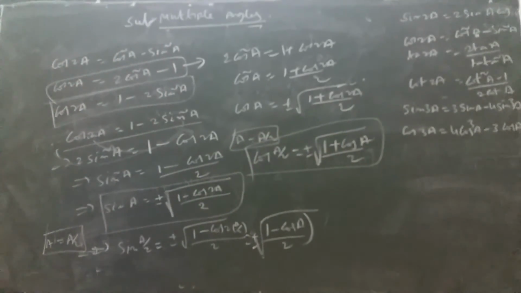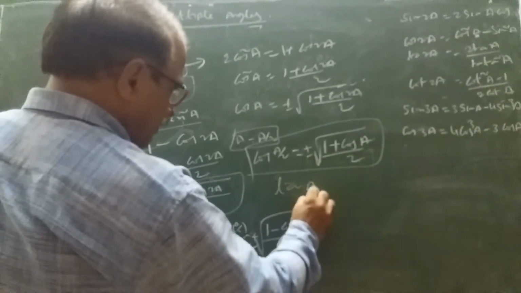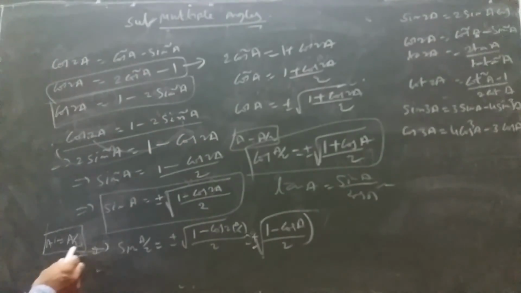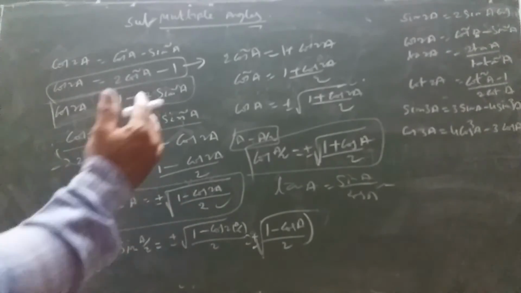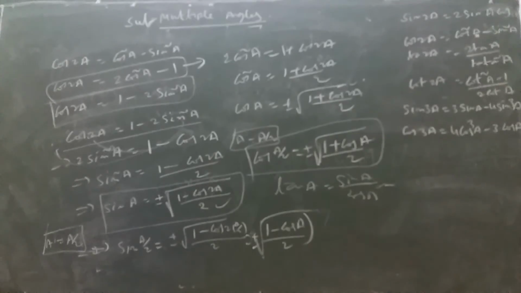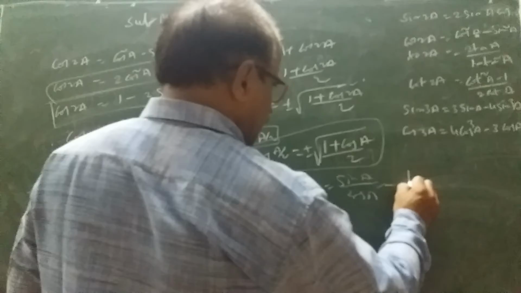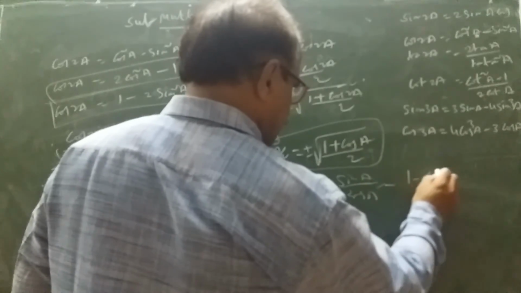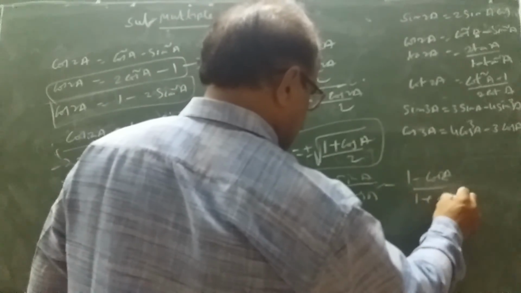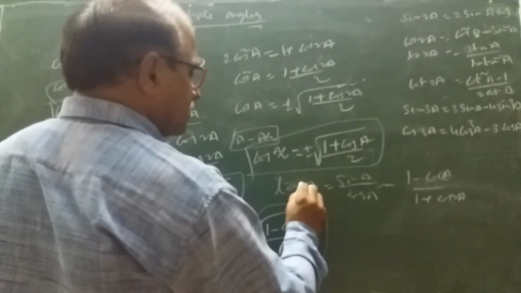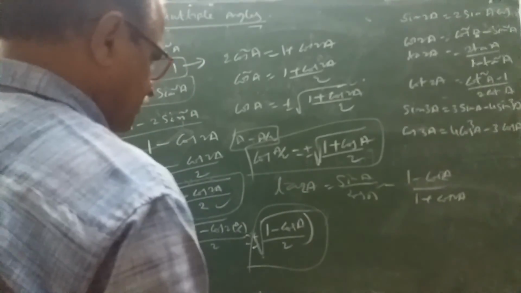Similarly, tan A means sin A by cos A. What is sin A here? Root of (1 minus cos 2A) by 2 divided by root of (1 plus cos 2A) by 2. By taking this, the 2 gets cancelled.